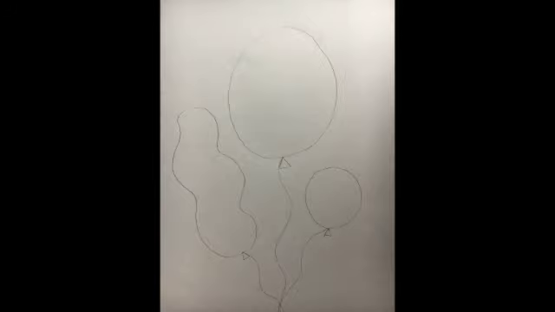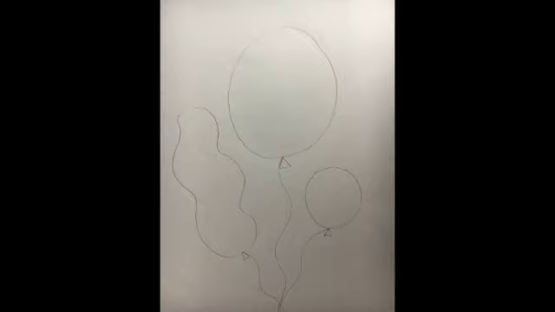Draw one in the center at the top of your paper and then 2 smaller ones on either side. Notice my circle in the center is bigger than the one on the bottom right, and then the other one is a wavy circle. And then I add the string.